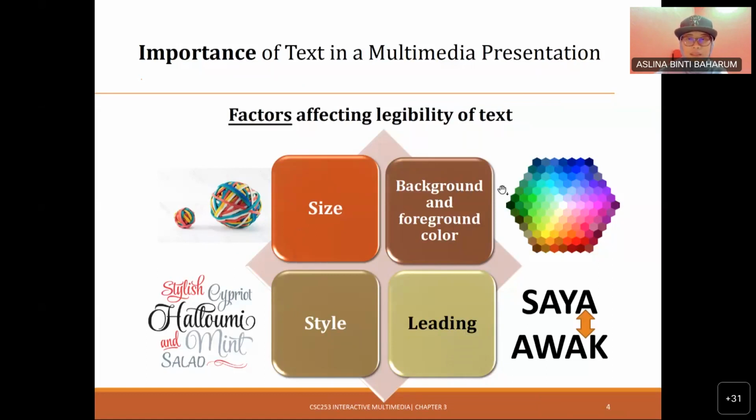This is the example for each of the explained factors. If the space is too narrow, some of those with special needs will see it differently. They combine the words rather than seeing different words. Saya, awak, kan? If you put a space that is too small, sometimes they can't read it properly.